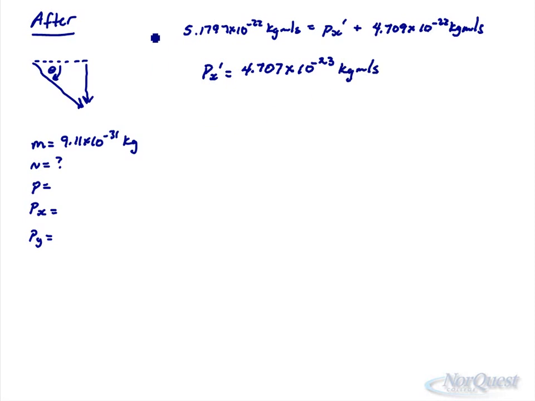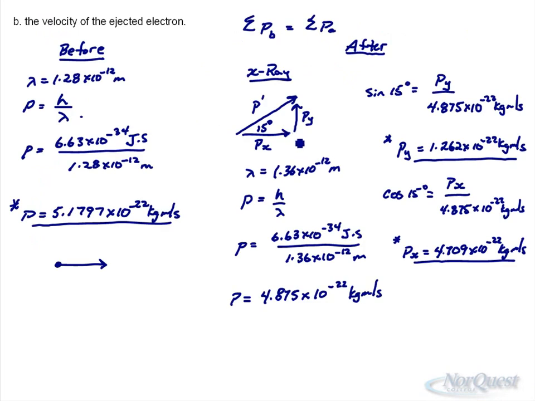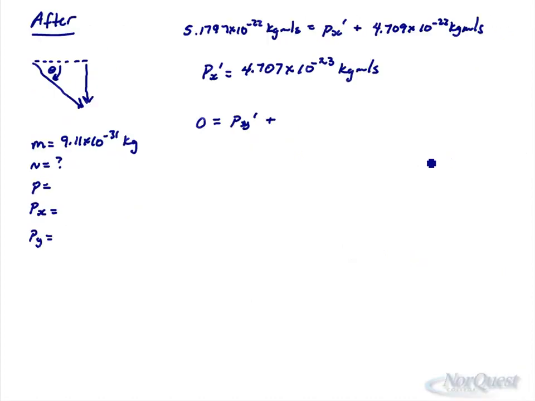The total momentum in the y direction was 0, and it's going to equal the momentum in the y direction for the electron plus the y direction for the X-ray, which was 1.262 times 10 to the negative 22 kilogram meters per second. So the y component will then just be the same number, opposite sign.